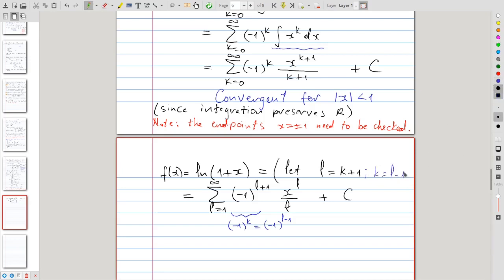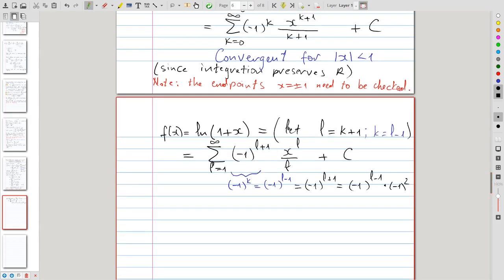But minus 1 to the power L minus 1 is equal to minus 1 to the power L plus 1, because the difference between these two exponents is 2. So we have minus 1 to the L minus 1 times minus 1 squared. So these two numbers are equal. And we have this power series representation.